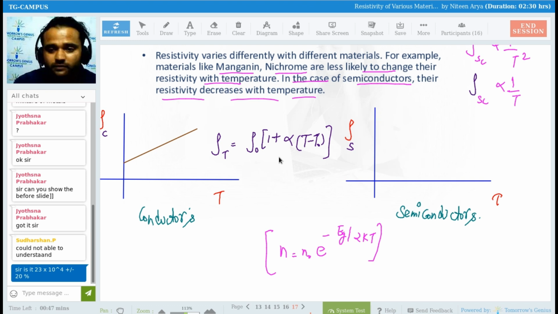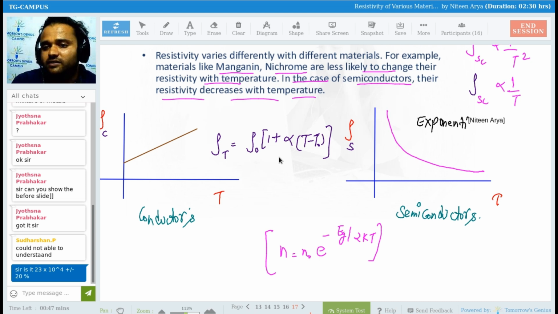Something looks like this. Now that is perfect. It decreases exponentially. The correct word: if someone asks how it is going to decrease, your response is exponentially decreases. From where does it come?